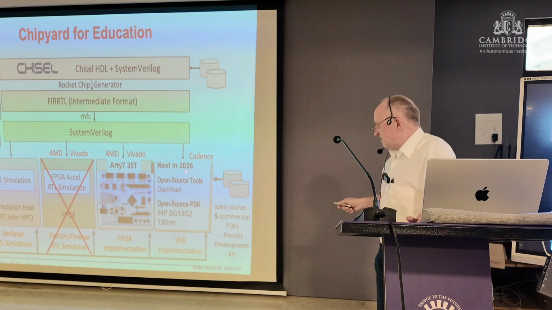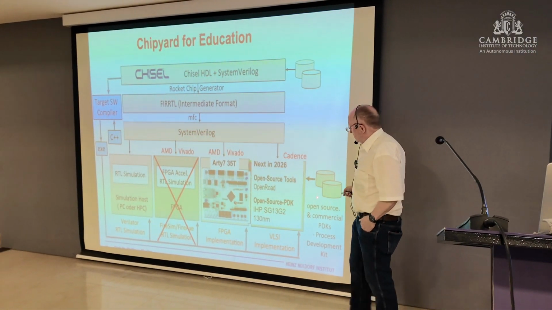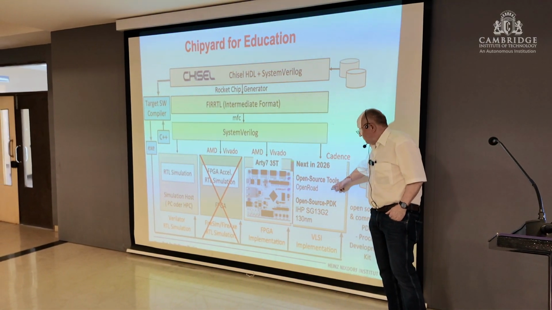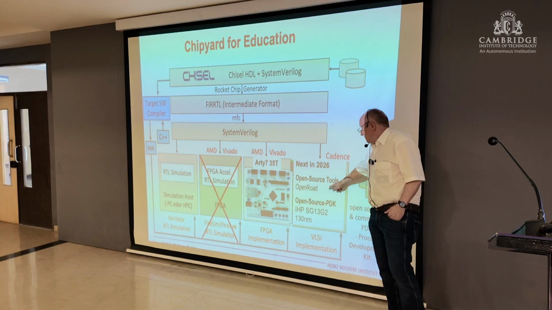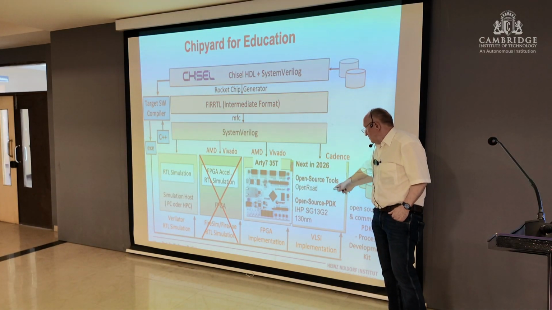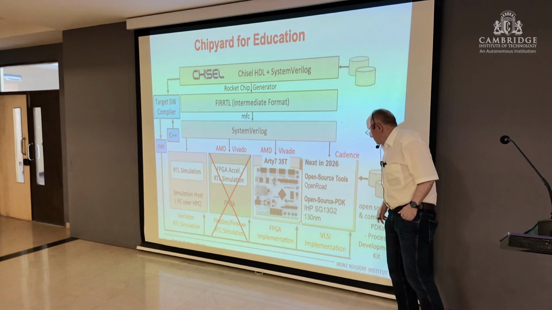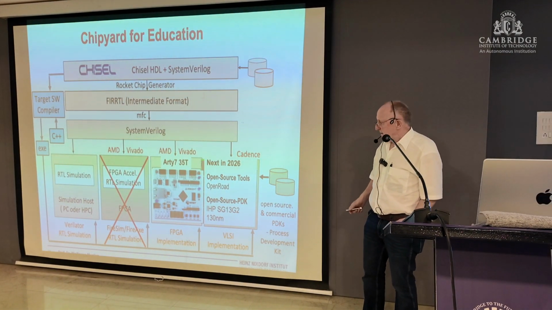So next, we are currently working on open source tools here, and we take the approach from University of San Diego, California, for OpenROAD they're called. We are pretty far, and we take the open source PDK from IHP, which you can get from GitHub.